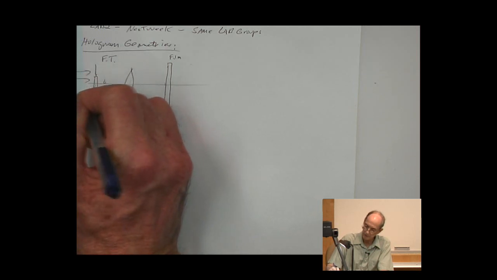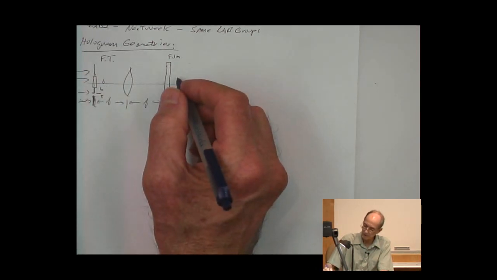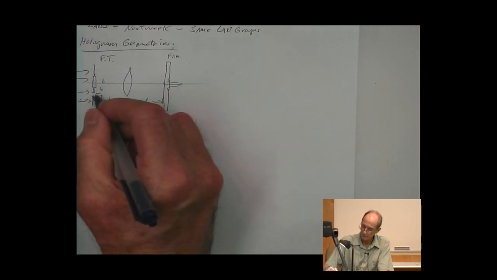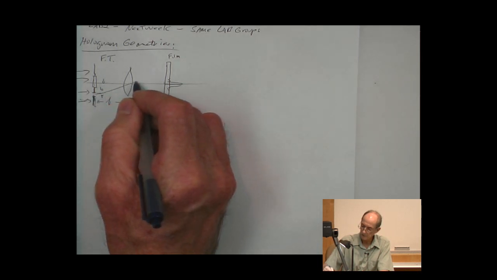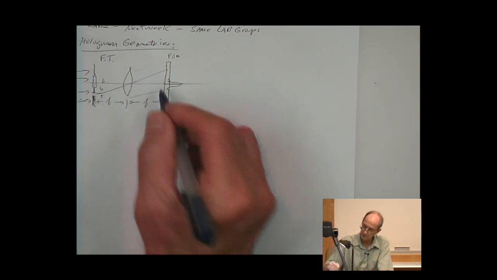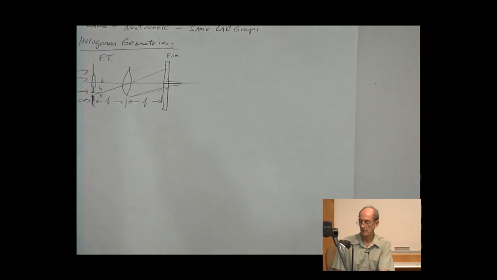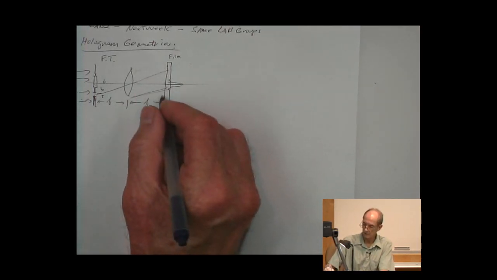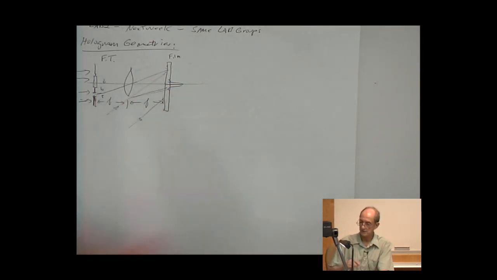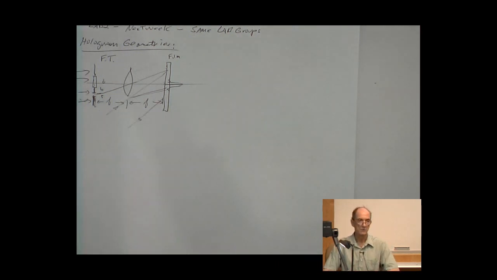By illuminating that, what we end up doing is forming the spatial frequency distribution here on axis at the film plane, and this point source out here gives us a kind of a plane wave coming out there. We could also have come in, and most often it's done this way, where we just come in off axis here with a plane wave. Either way, we can end up forming this Fourier transform hologram.